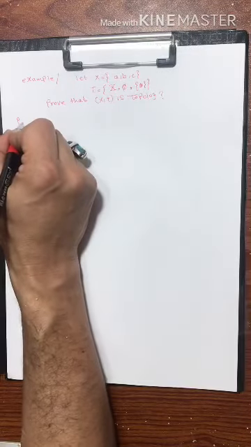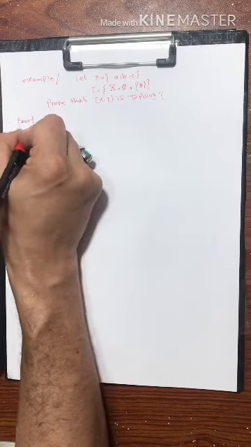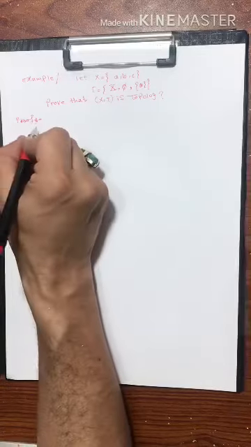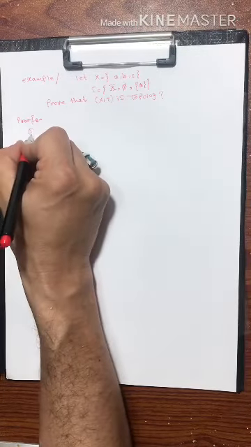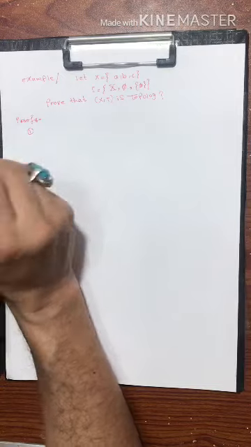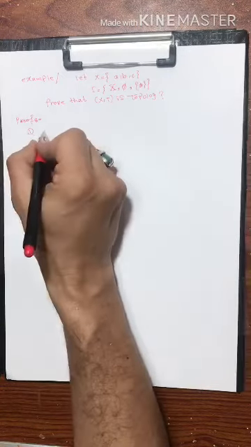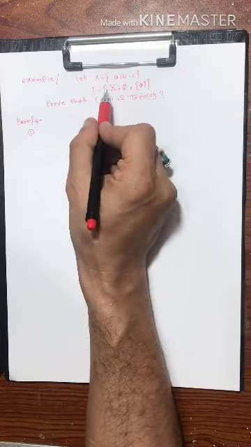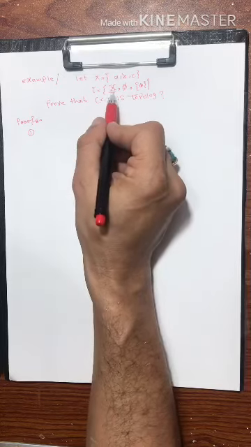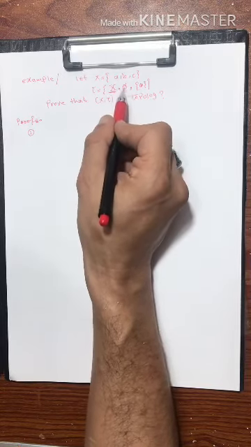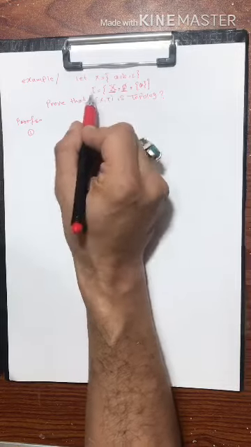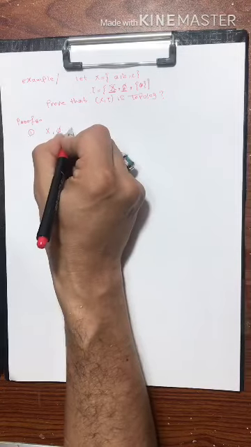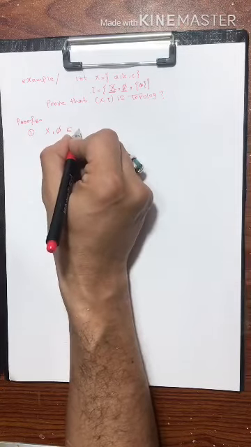To prove that (X, tau) is a topology, we must verify the three conditions. My student, the first condition always holds. Why? When we look at tau, we always find X and phi belong to tau. For this reason, the first condition holds.